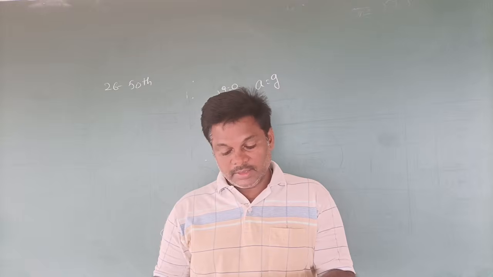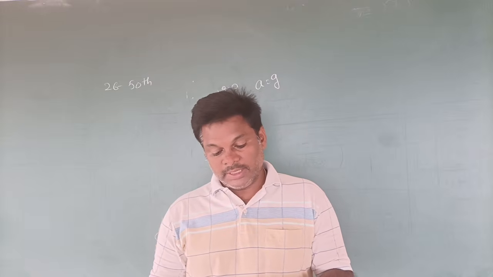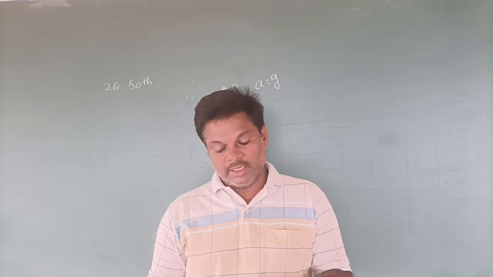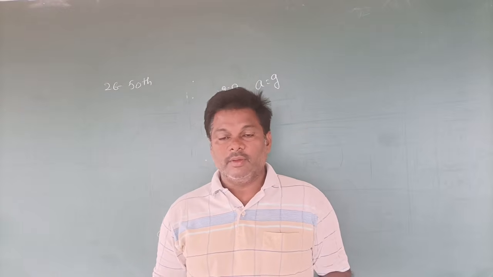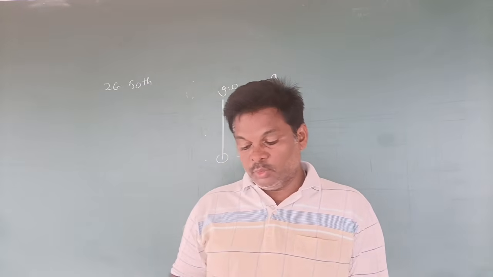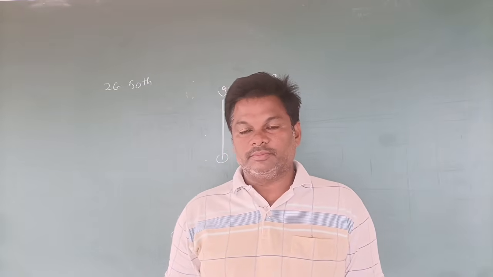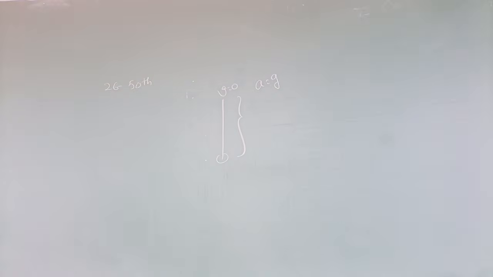A body is released from a certain height above the ground. At a certain point during its fall, g vanished suddenly. Its subsequent motion, when g is equal to 0, is option C: it moves down with uniform velocity. Normally, a is equal to g.